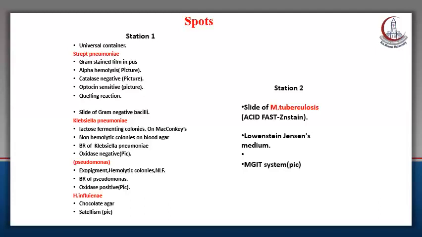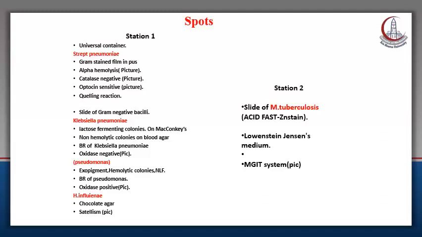In the oxidase test, Klebsiella pneumoniae is negative for oxidase. For Pseudomonas aeruginosa, the plates we are seeing show exopigment, beta hemolytic colonies on the blood agar, and non-lactose fermenting colonies on MacConkey agar.